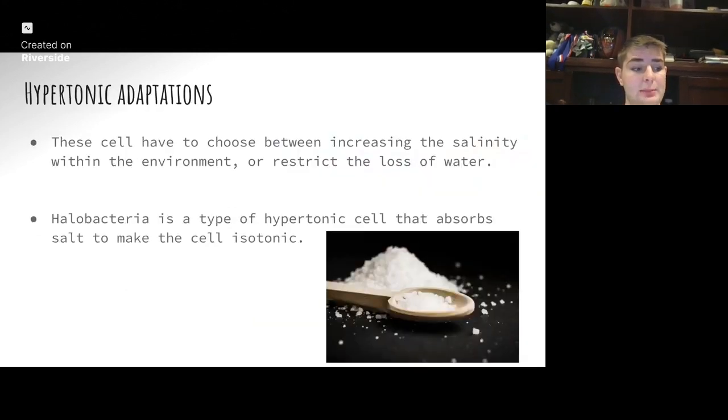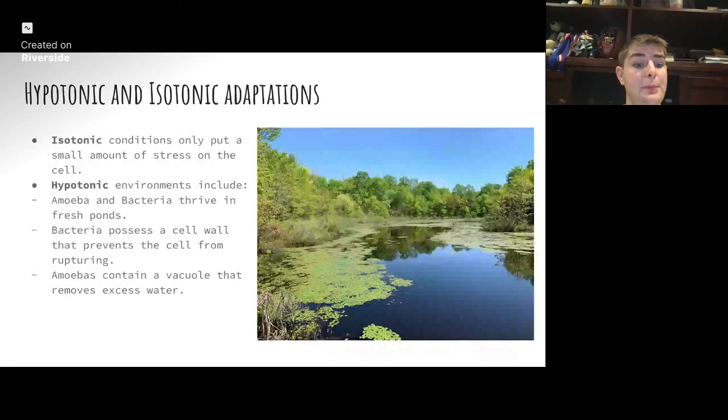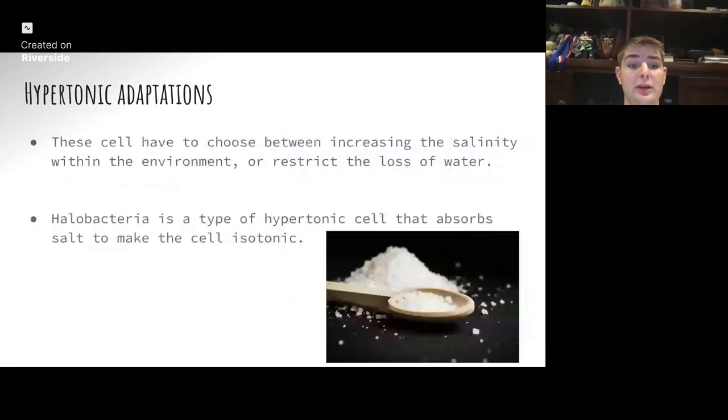Now we can look at hypertonic. Scratch what I said on that last one. Hypertonic adaptations: these cells have to choose between increasing the salinity within the environment or restricting the loss of water.